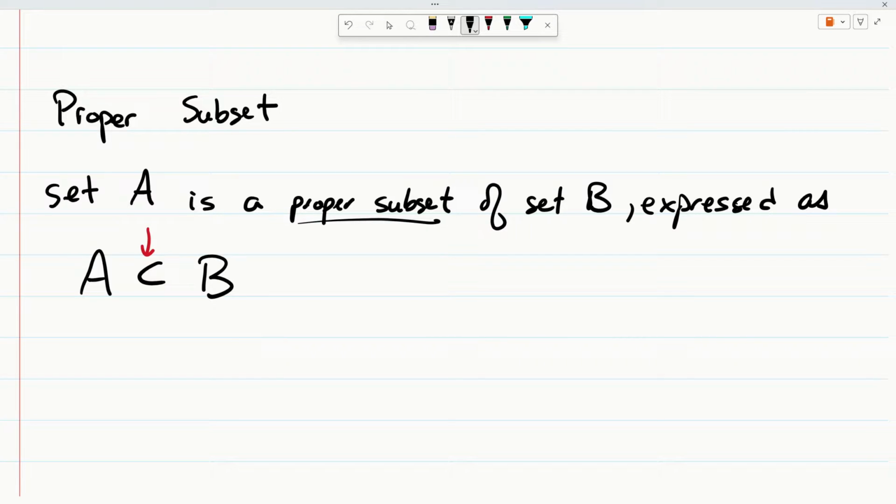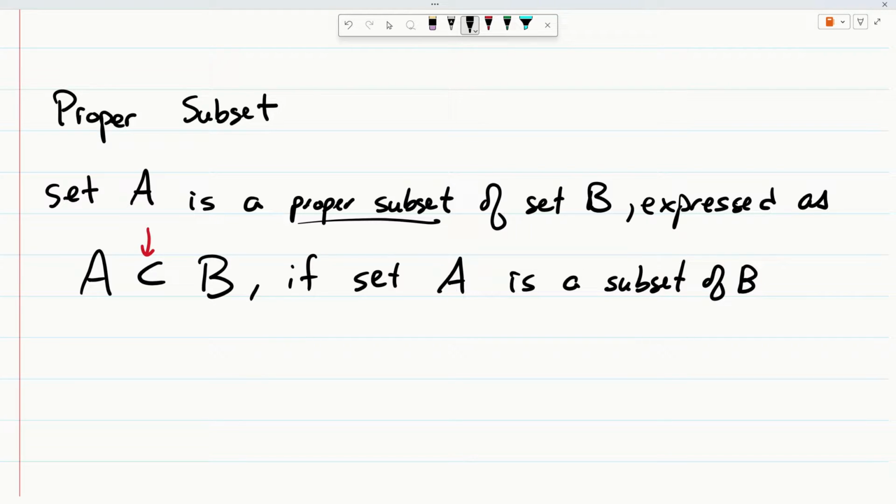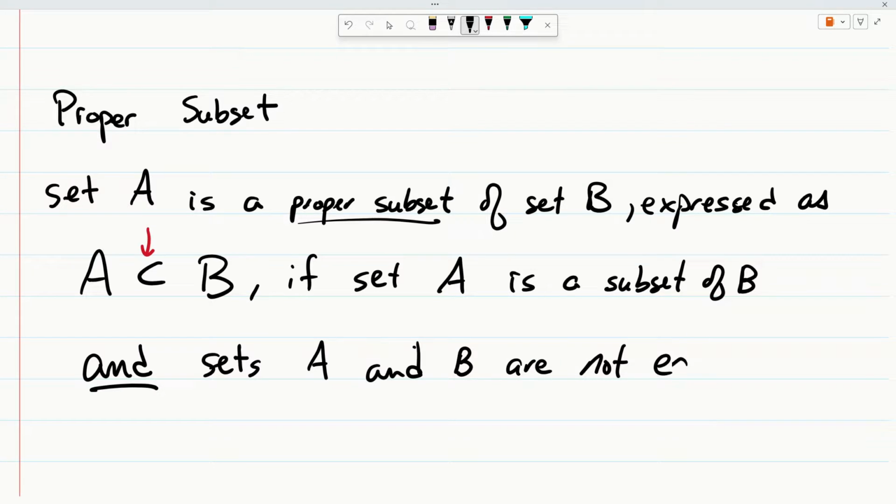So set A is a proper subset of set B, expressed as A ⊂ B, if set A is a subset of B and, so this is the new part, and sets A and B are not equal.